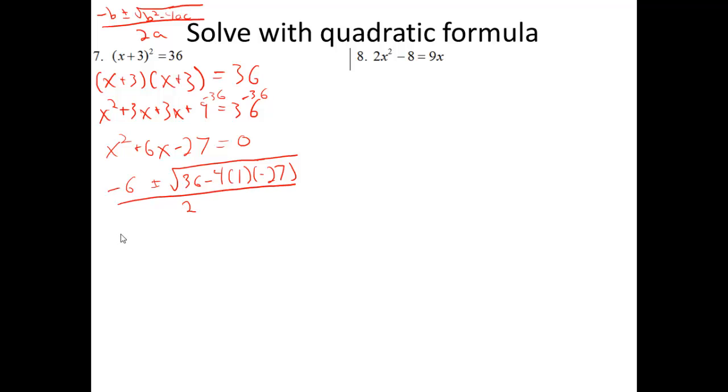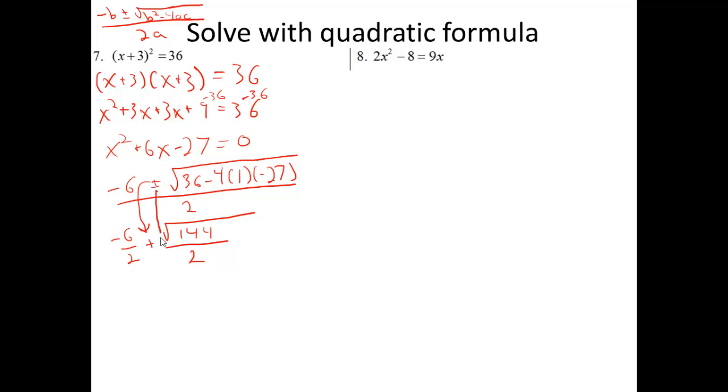So we have a negative 6 over 2 plus 4 times negative 27 is negative 108, but when we subtract a negative 108, we need to add it. So 36 plus 108 is going to be square root of 144 over 2. So that is our plus.